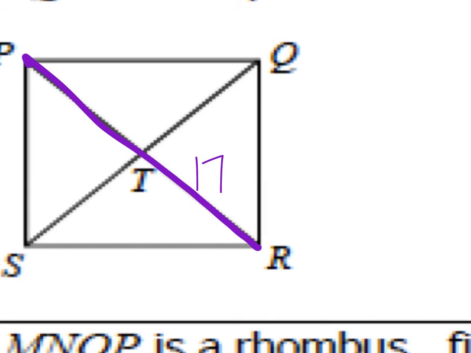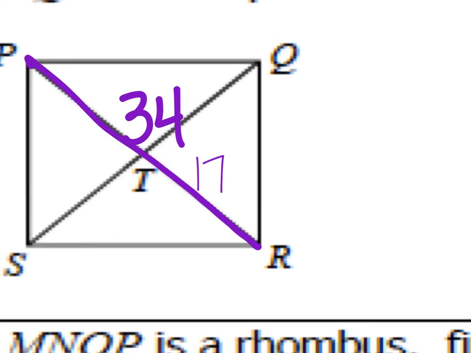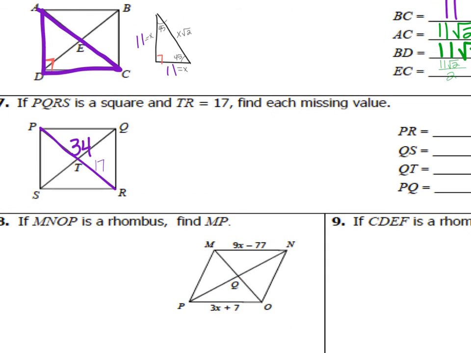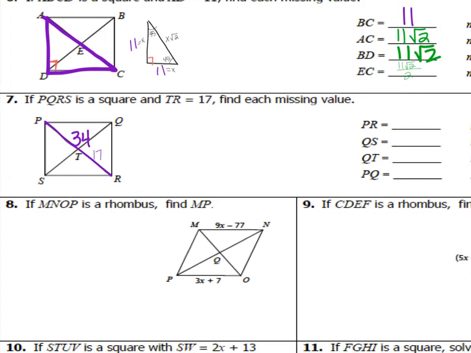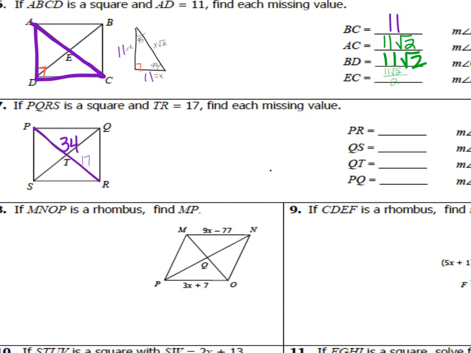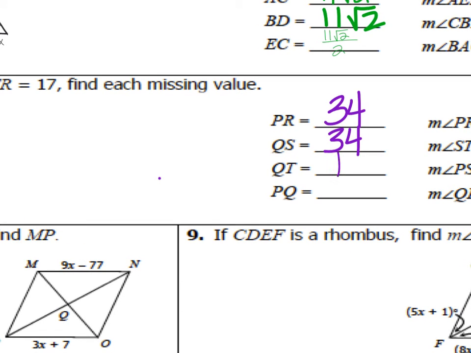And 17 times 2 is 34. Okay, so if I zoom out, I know that PR is 34, which means QS is also 34. QT, half of it, 17.